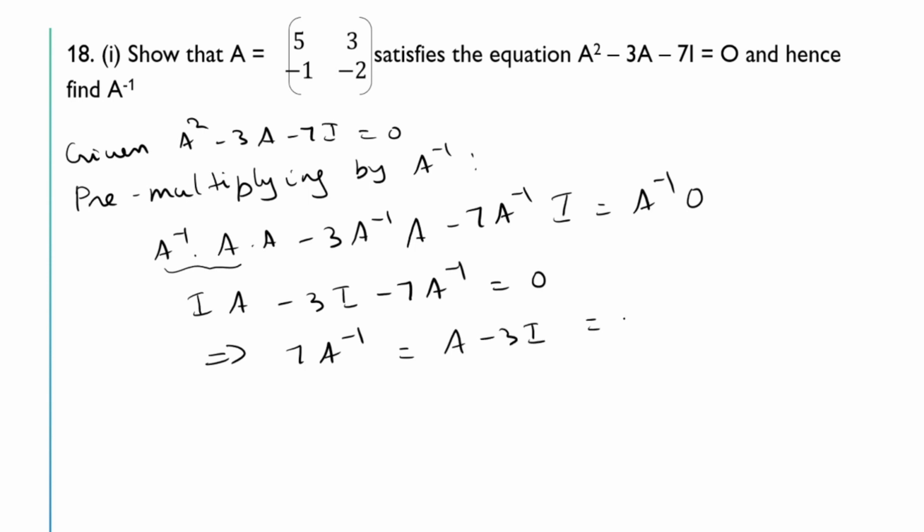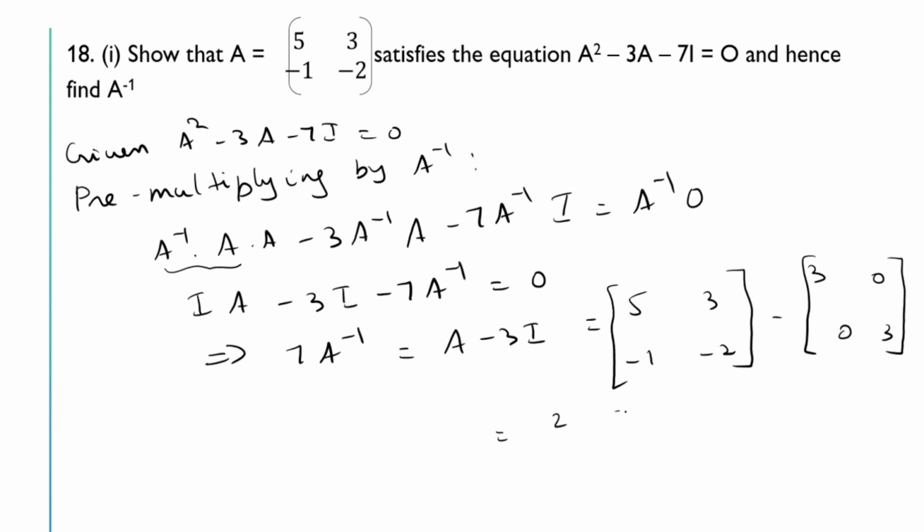So let us substitute A. A is 5, 3, minus 1, minus 2, minus 3I is 3, 0, 0, 3. So this is equal to 2, 3, minus 1, minus 5. So 7 A inverse is this matrix.